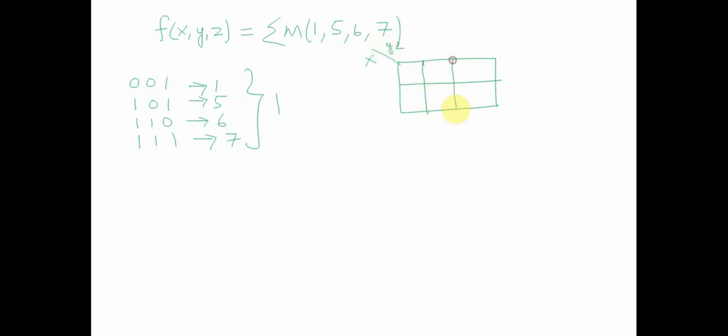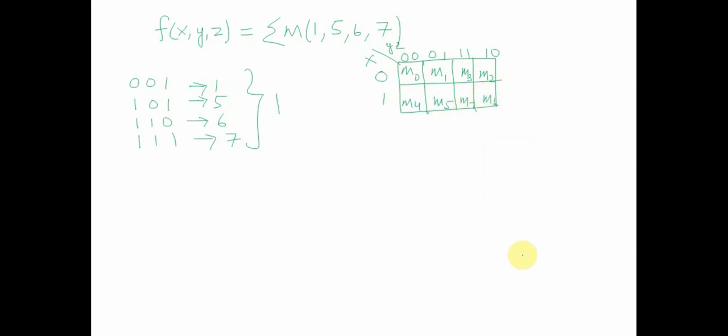You see 8 blocks for 8 entries of the truth table, 0 1 1 0 across the top. Here my M0 is mapped, here M1, M3, M2, M4, M5, M7 and M6, right?